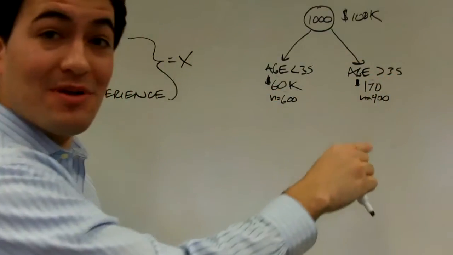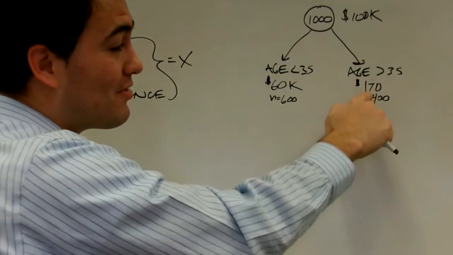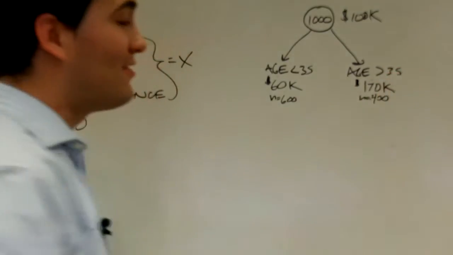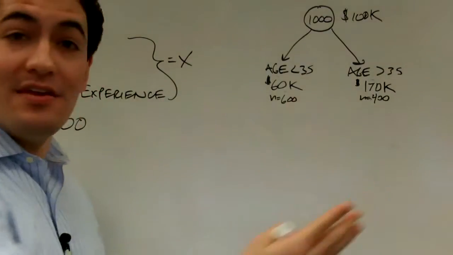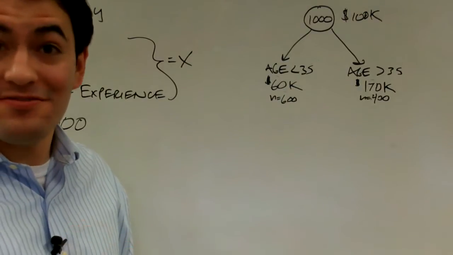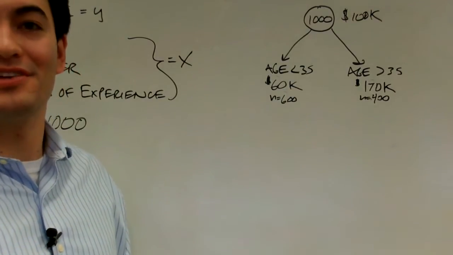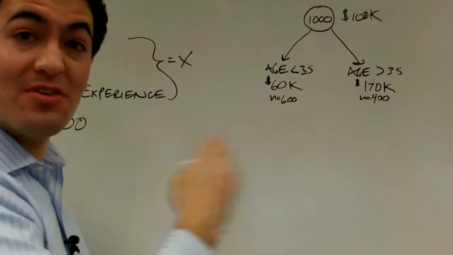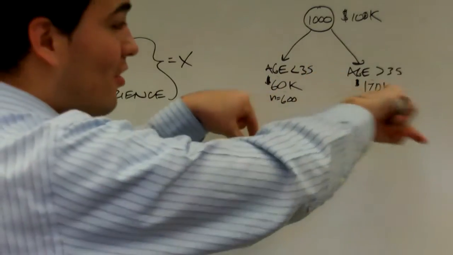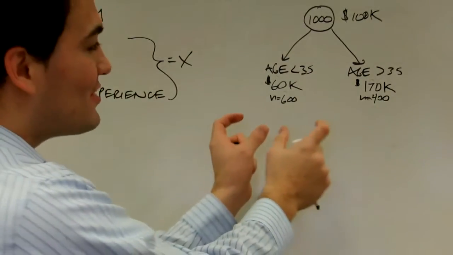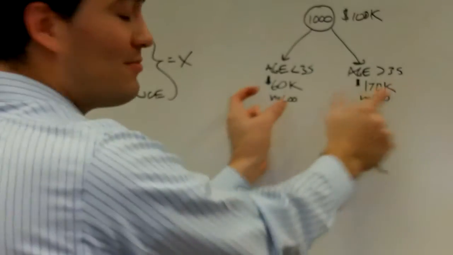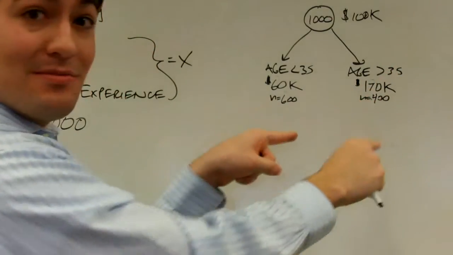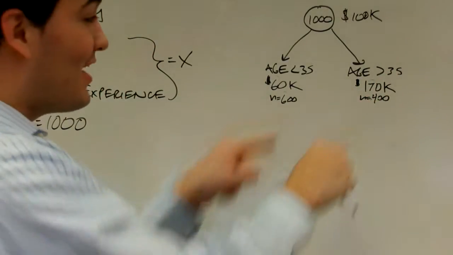And then you take everybody whose age is greater than 35, and you predict that their income is $170,000. And then you find your mean squared error from that very simple model where you only have two predictions. Your goal is, for each variable, so for the age variable, you find the split which gives the best mean squared error, or essentially, as a rule of thumb, the biggest difference between these two groups. Let's pretend that this is the best split for age.